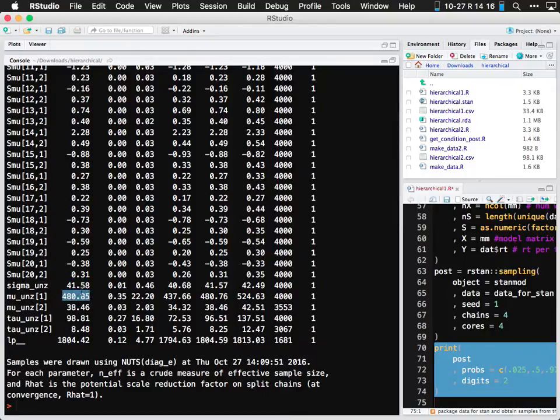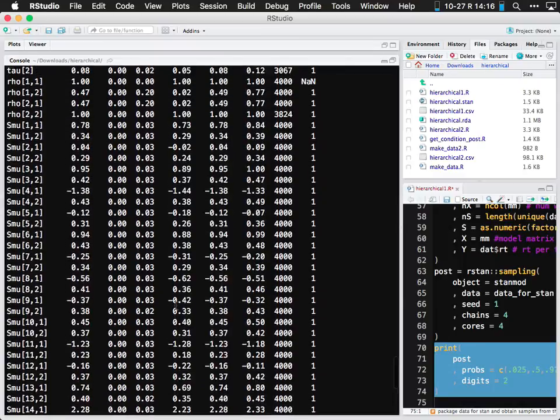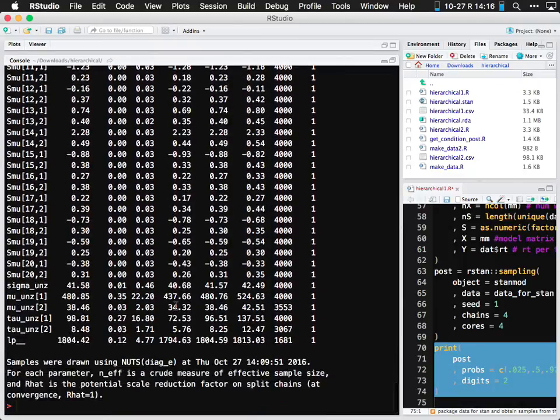The overall mean across people was about 480 milliseconds. That's pretty consistent with typical RT data. The difference in condition A versus B was about 40 milliseconds. Credible interval on that goes from 2 milliseconds up to 42. Wait, this isn't the lower. What is it? Oh yes, sorry, not 2 milliseconds. From 34 to 42. That makes a lot more sense to me.